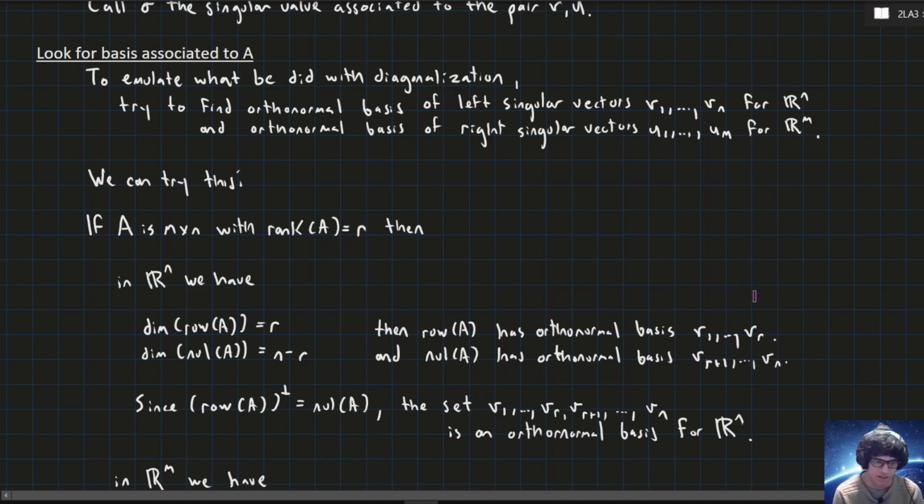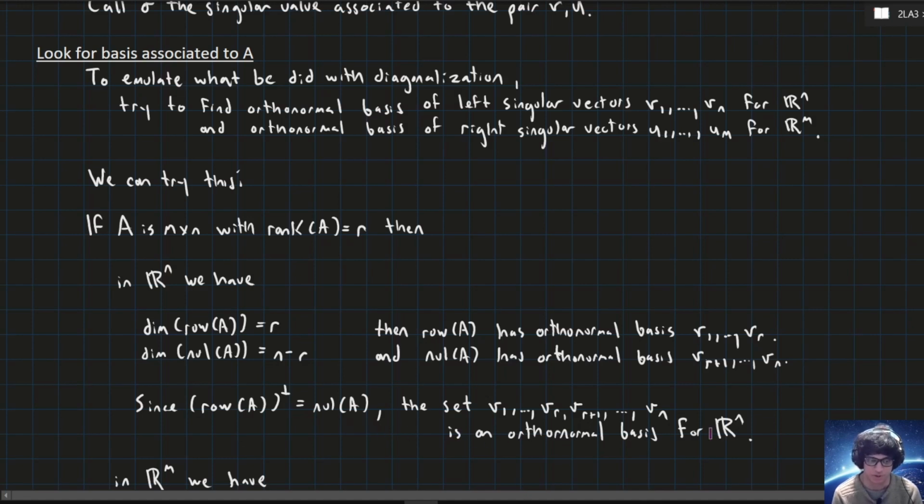You may ask, if we just take the union of these two sets, is that an orthonormal basis for the whole thing, Rn? Yes, because these two subspaces are orthogonal complements. That means they're a direct sum.